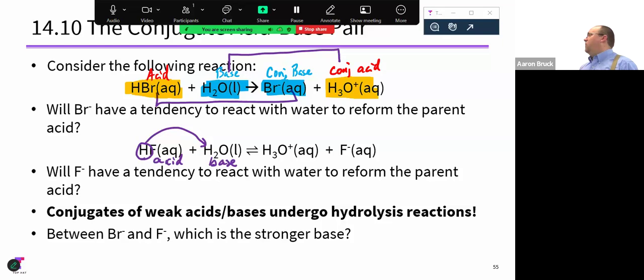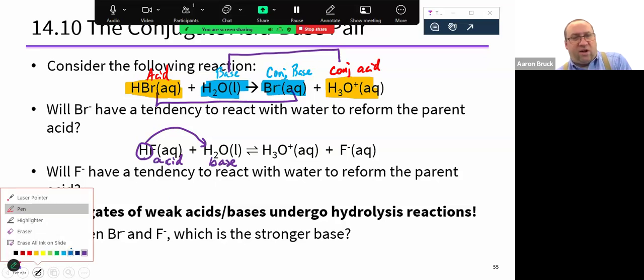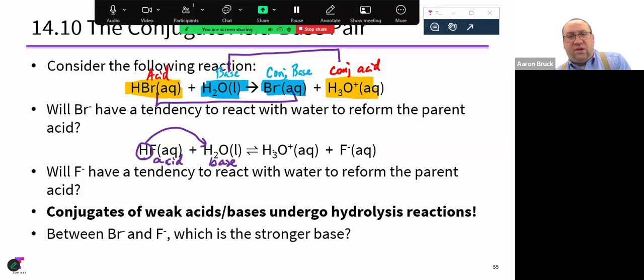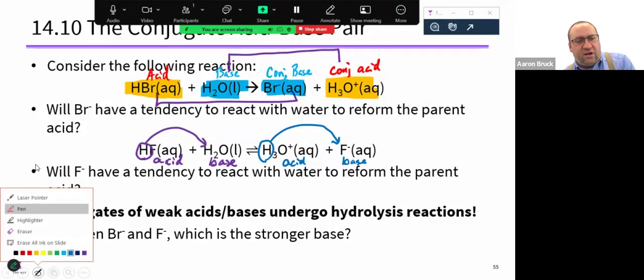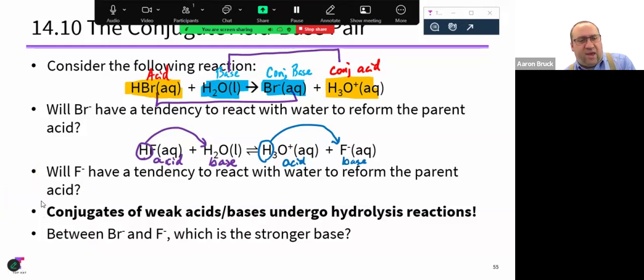But now that I have a reversibility to this, I can look on the other side of the reaction and say, well, hold on a second. The hydronium gives up a hydrogen to the fluoride in the reverse reaction. So that means that the hydronium is acting as an acid and the fluoride is acting as a base. And what we'll see in those scenarios again is that we have a set of pairs.